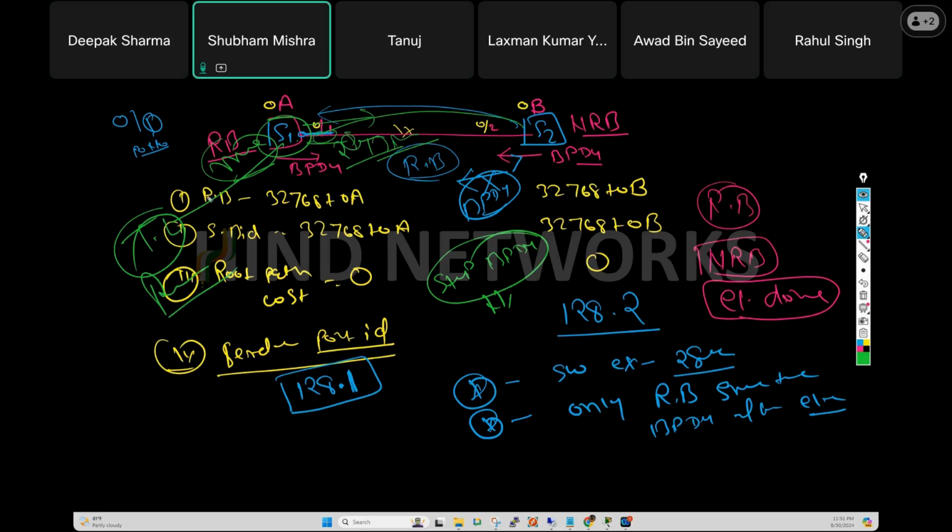So all the rules, regulations, all the configuration, all the changes in your network, who is going to inform? The root bridge. This is the responsibility of the root bridge to inform all the non-root bridges about any changes.